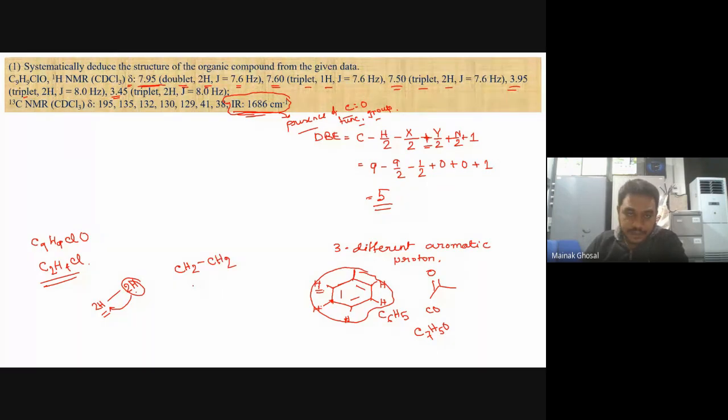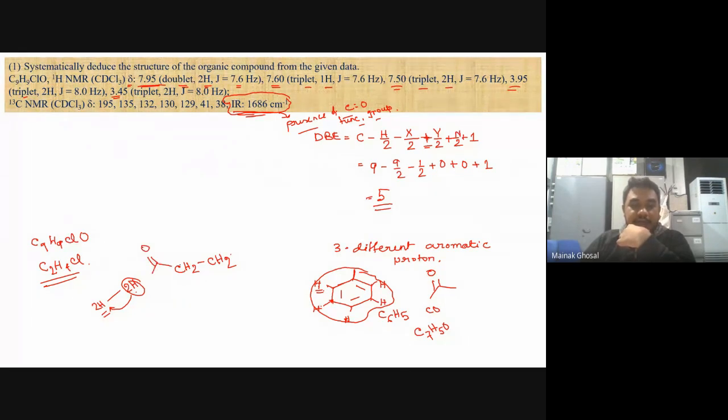But CH2 in a simple alkane usually gives a peak at nearly 1 or 2. Here the peak values are 3.45 and 3.95, very high values, which means they are connected to some electronegative atom.